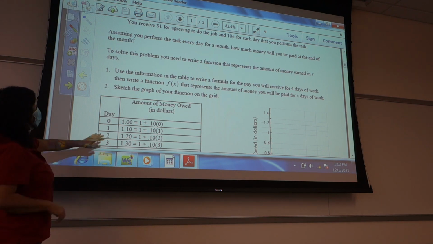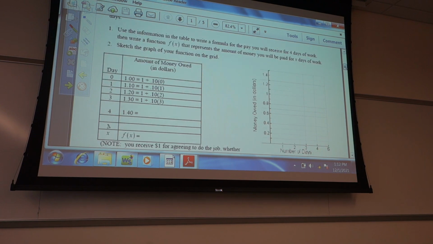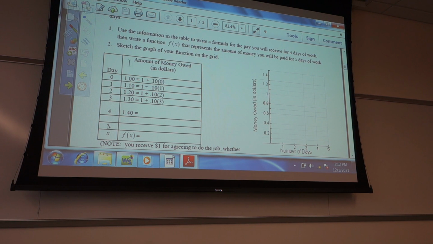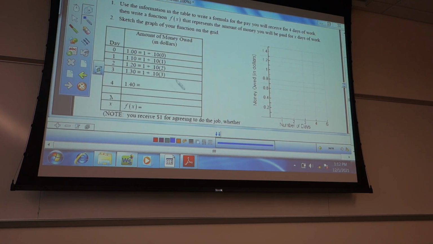All right, so we're going to look at these tables here to help us figure that out. Be $4. Yeah, that seems right. So how do you find that? Well, the first day you get $1 plus no 10 cents, right?